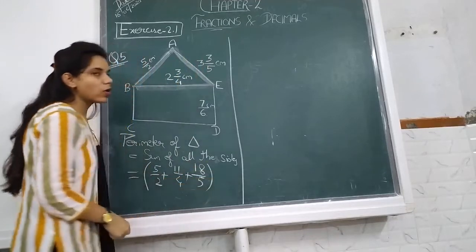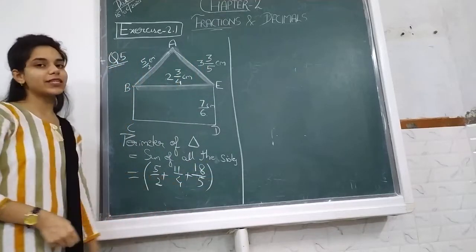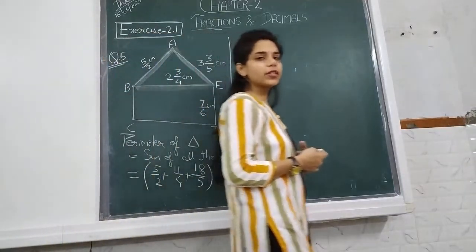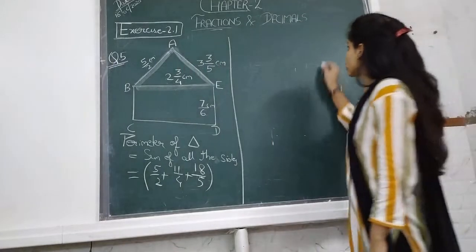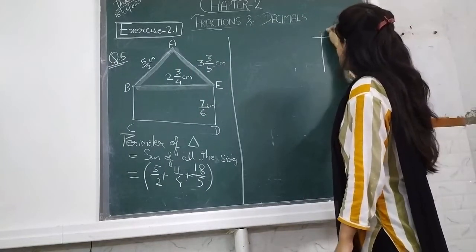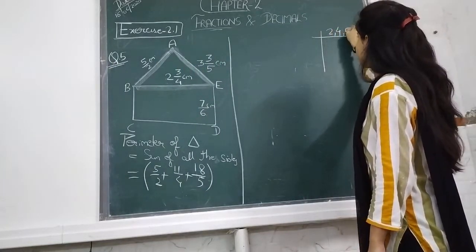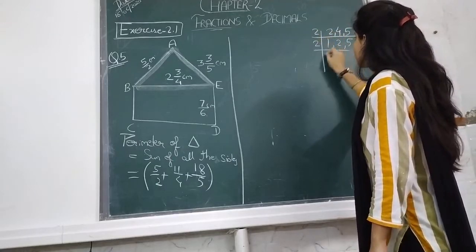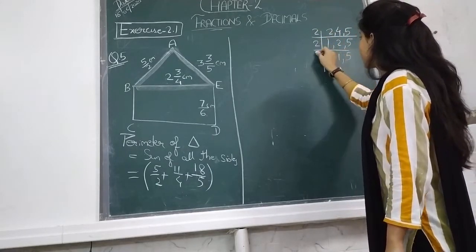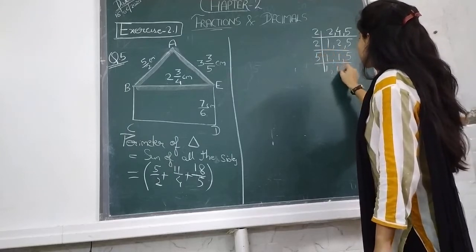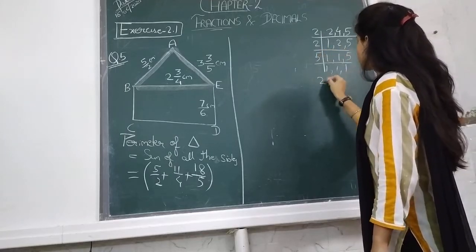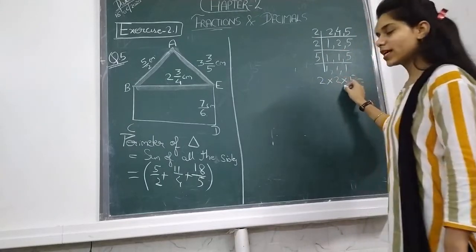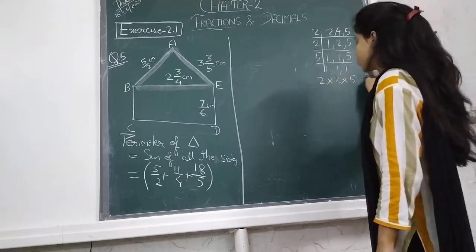Now to add these fractions, what can we do? We have to take the LCM to add them. So the LCM of 2, 4 and 5: 2 ones are 2, 2 twos are 4, 5. 2 ones are 2, this 5, and 1, 5 ones are 5. So 2 into 2 into 5 will give you 5 twos are 10, 10 into 2 is 20.